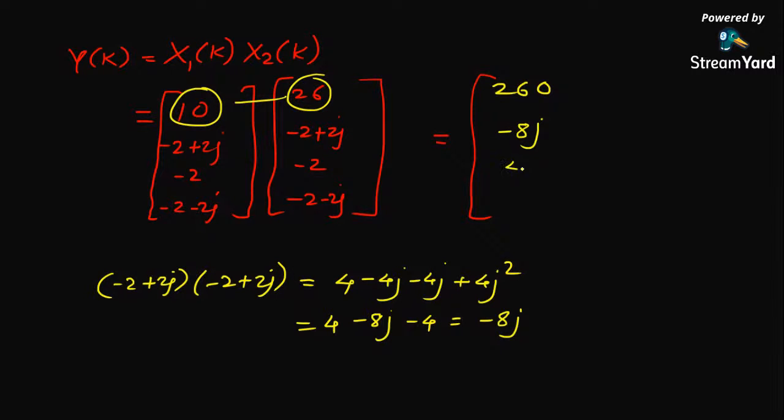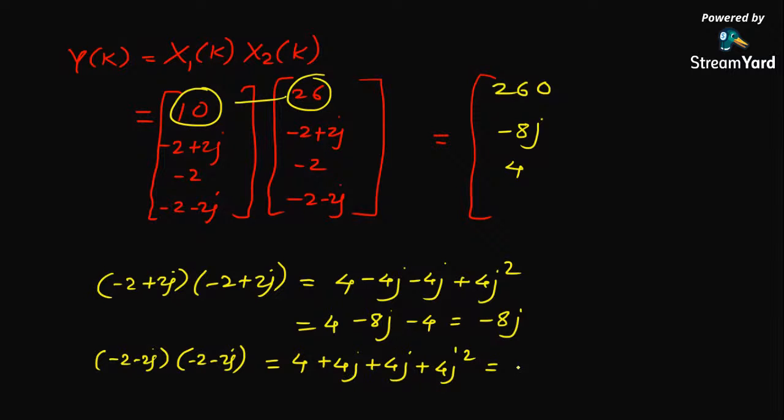Then for the next one we multiply (-2-2j) by (-2-2j). So the answer is 4 + 4j + 4j + 4j², so 4 + 8j - 4, so it is 8j.